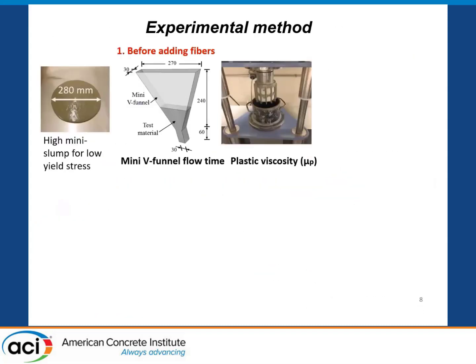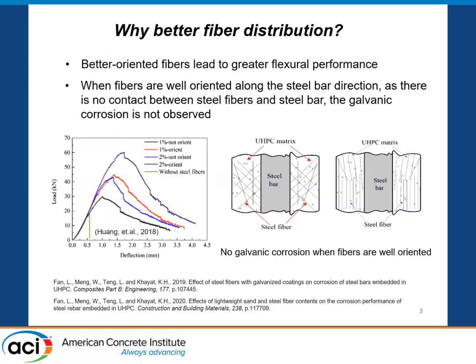Thanks for the question. Let me go back to the slide. The thing is, if the steel bar is not well coated, and we have different types of steel fibers, some are brass coated, some are zinc coated, so these metals are actually different.